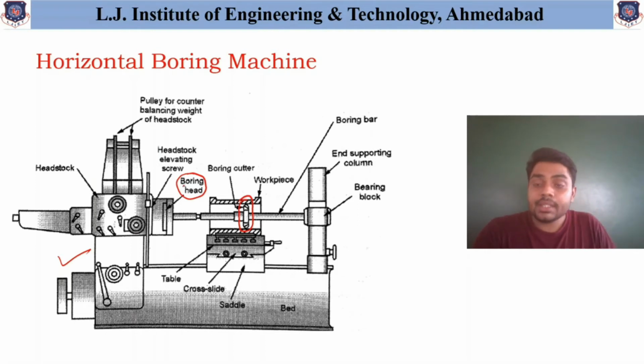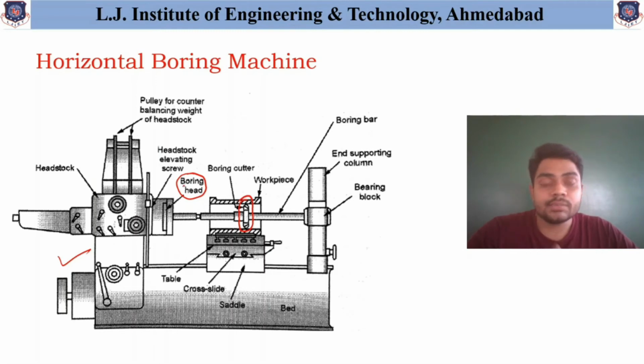And the major application of this horizontal boring machine is whenever the size of the workpiece is very heavy and whenever there are irregular shape and size of the component. So at that time enlargement in the diameter can be easily obtained by using this horizontal boring machine.